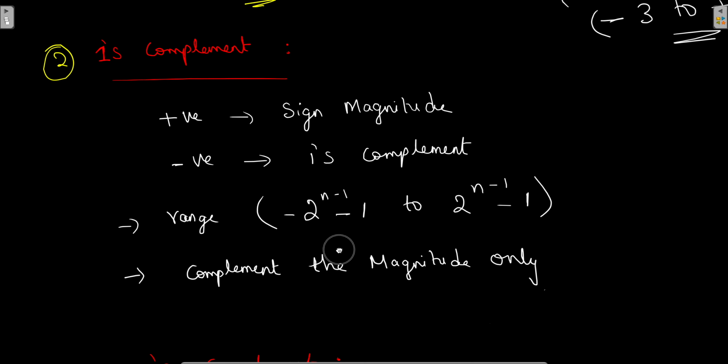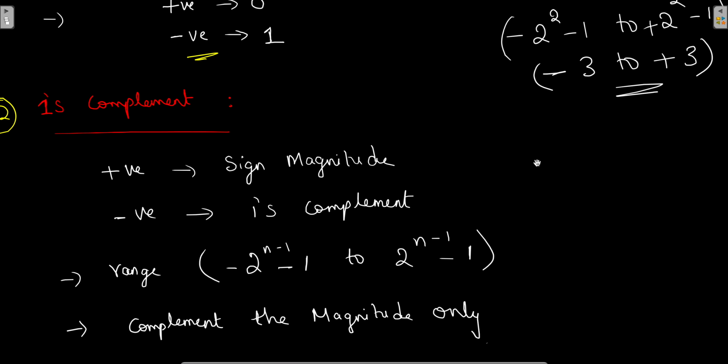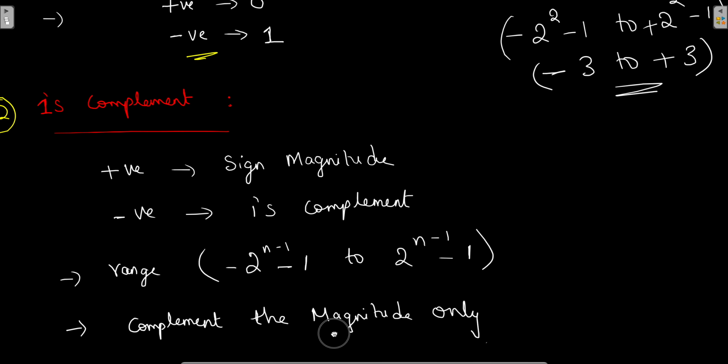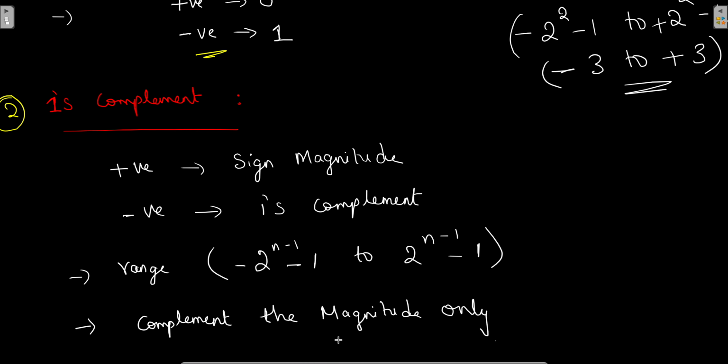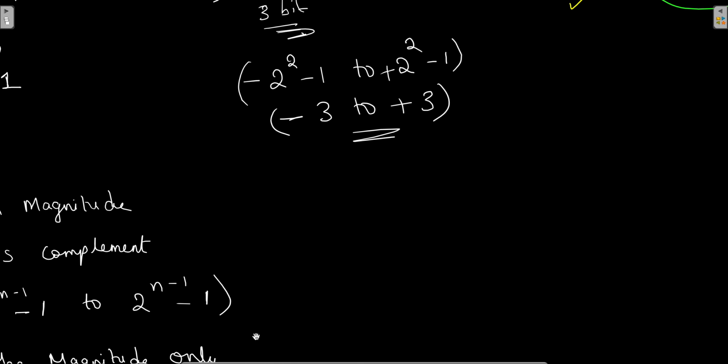In ones complement, what we are doing is complementing only the magnitude, but we are not complementing the sign. We first take the sign magnitude value, and that value we just complement. For example, say plus 0 and minus 0.